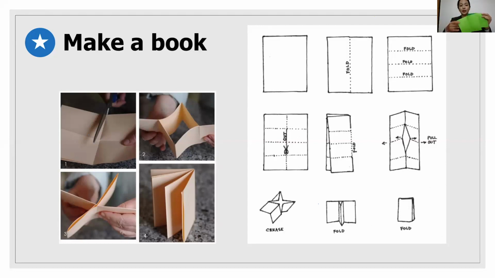And then you can make a book like this. So students will have 1, 2, 3 pages of the book. And this book will be summarized for what they learned, the grammar points today, like the future form, or what's my plan for summer vacation.